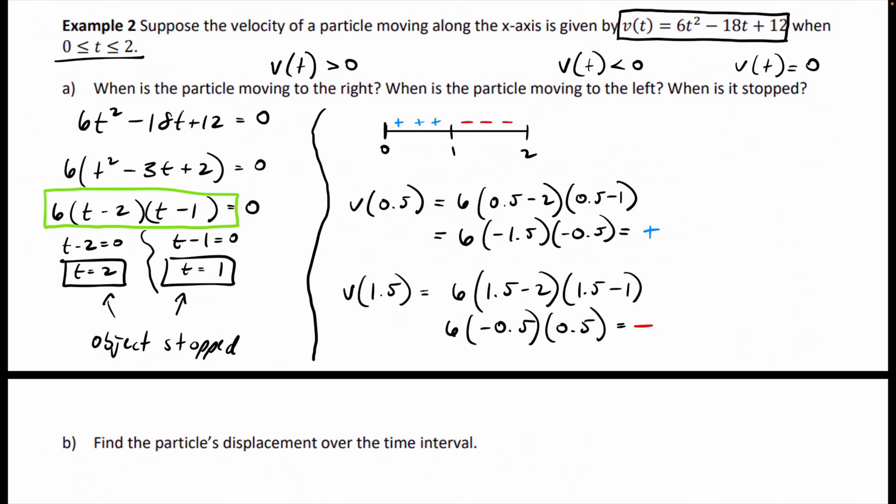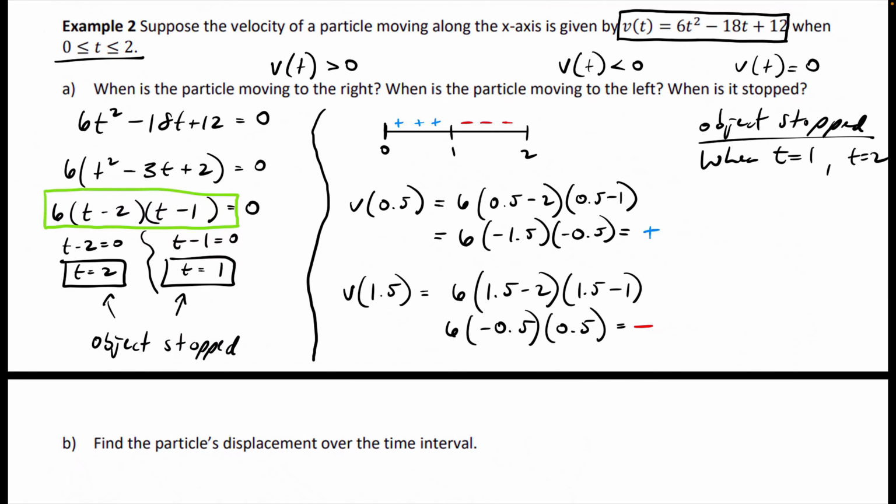All right, so let's sum it up. Let's say the object stopped at t equals 1 or t equals 2. Okay. So let's say the object is moving right.